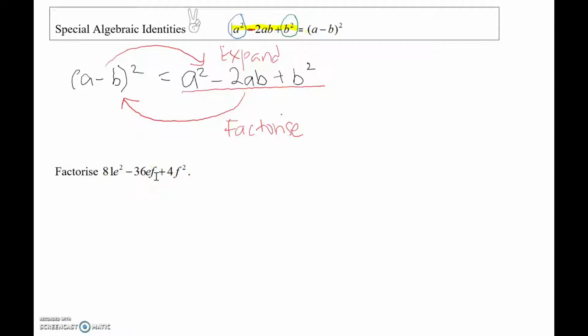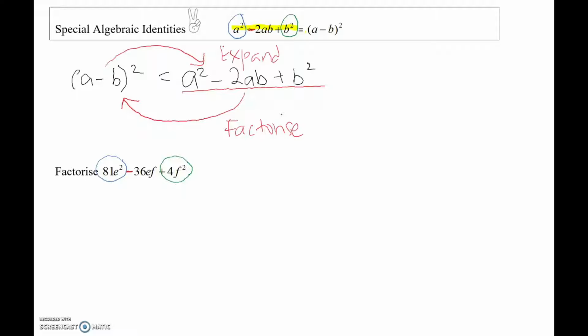We notice that for this expression, there are three terms, such that the first and the last term are perfect squares, and the operation in between the first and second term is a minus. So we can actually use the second algebraic identity to factorize this.